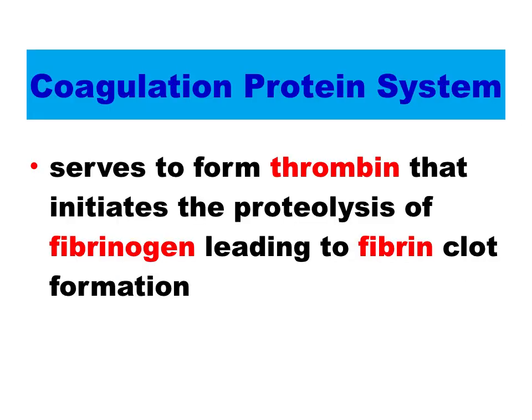The next thing that we will be discussing is the coagulation protein system. This system serves to form thrombin, as I've mentioned early on, that will initiate the proteolysis of fibrinogen, leading to the formation of a fibrin clot.